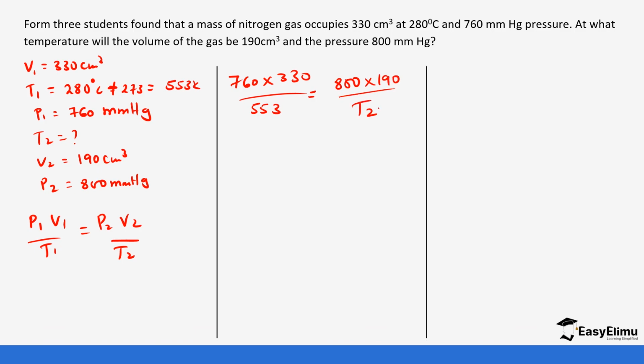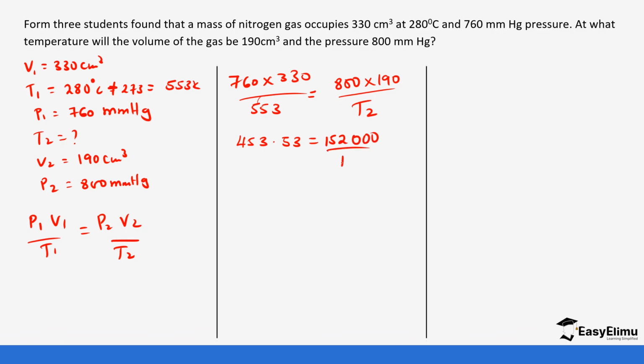So once again, we do the calculation on one side. We are going to do 760 times 330 divided by 553, which will give us 453.53, which is equal to 800 times 190 divided by T2. So 800 times 190 will give us 152,000, and then this is divided by T2.